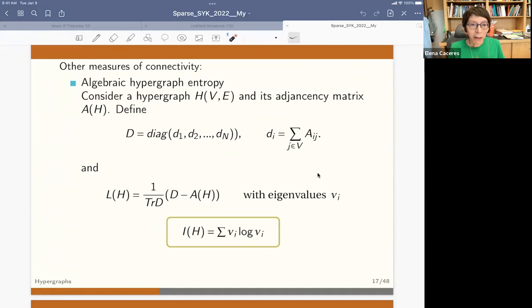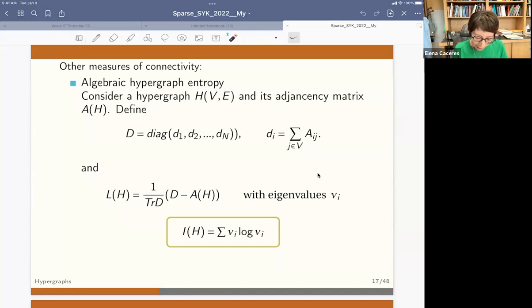The other one is called algebraic hypergraph entropy, and again it has a definition. This is all matrices. It's very simple to write the Python code in 5-6 lines and get your matrix and all your eigenvalues.